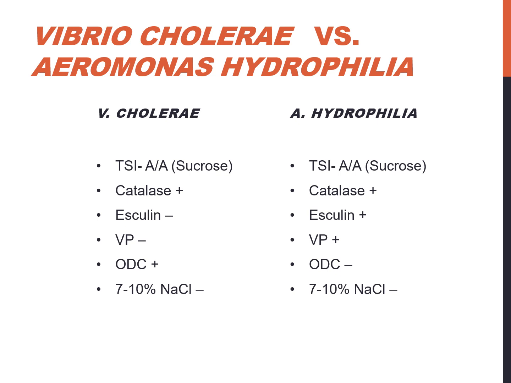Won't tolerate 7 to 10% sodium chloride. It is interesting, Aeromonas will also grow on CIN like Yersinia enterocolitica, but it is more likely that anything growing on CIN is going to be Yersinia enterocolitica, especially if it's growing at 25 degrees.